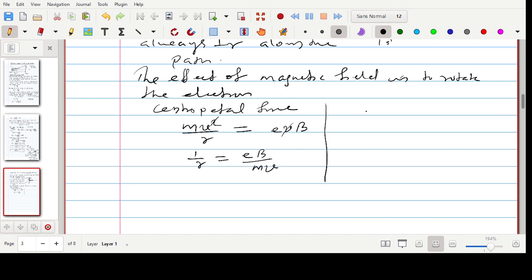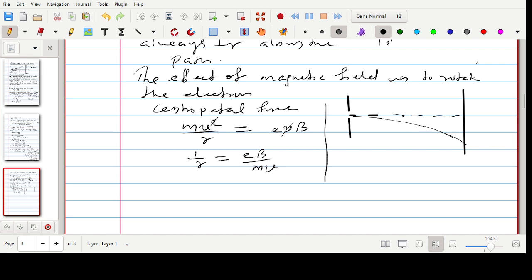Now the expression for the radius of curvature of the path. Here we have the anode, and this is the screen. From the anode the electrons are ejected, and in the presence of the magnetic field, instead of going straight, they will be deflected.